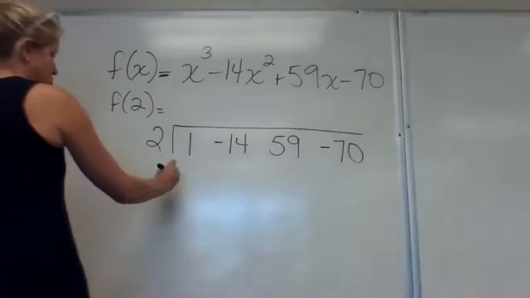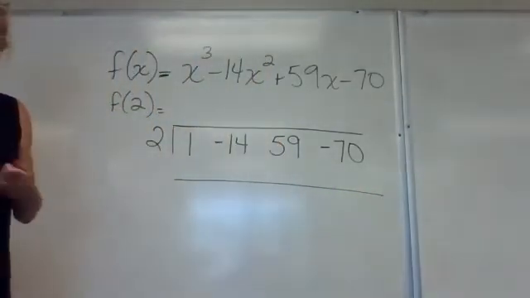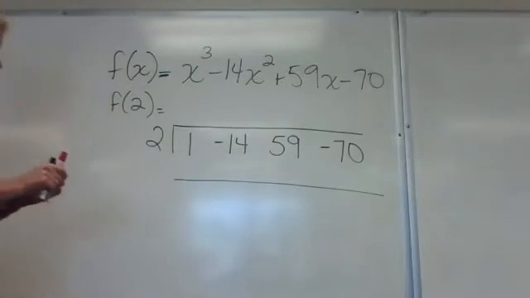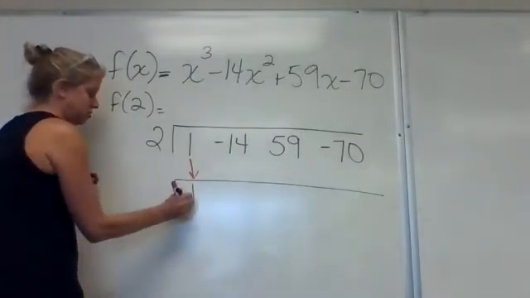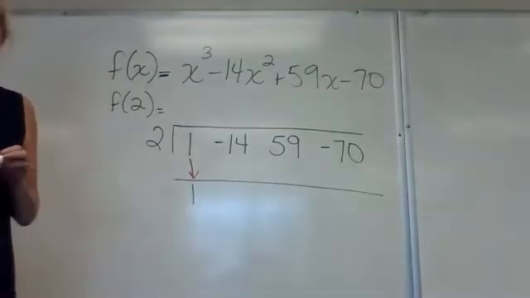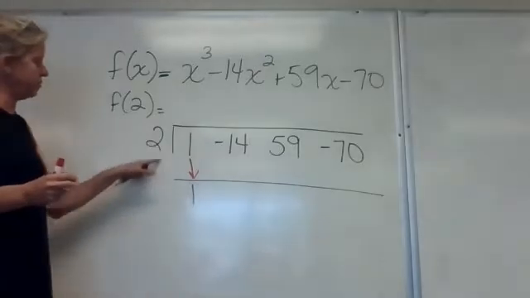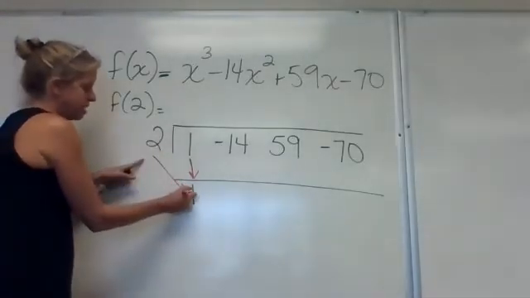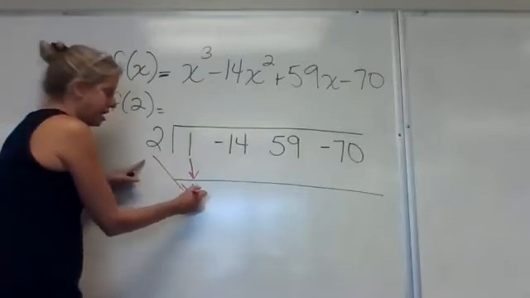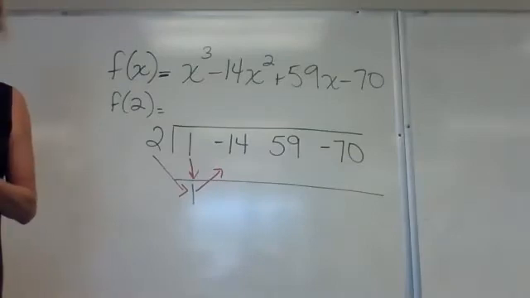Here are the steps to performing the synthetic division. Your first step is simply to drop down this first number to below the line. So I'm bringing down this 1. After that, whatever the function value you're trying to find, you're going to multiply it times the number below the line and put your answer underneath the next number.